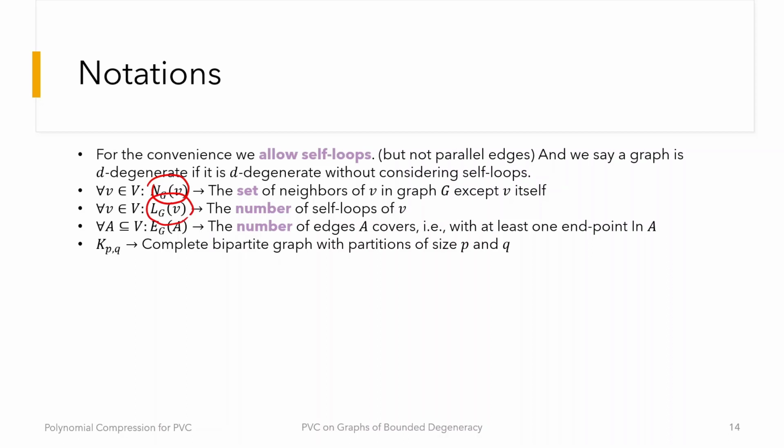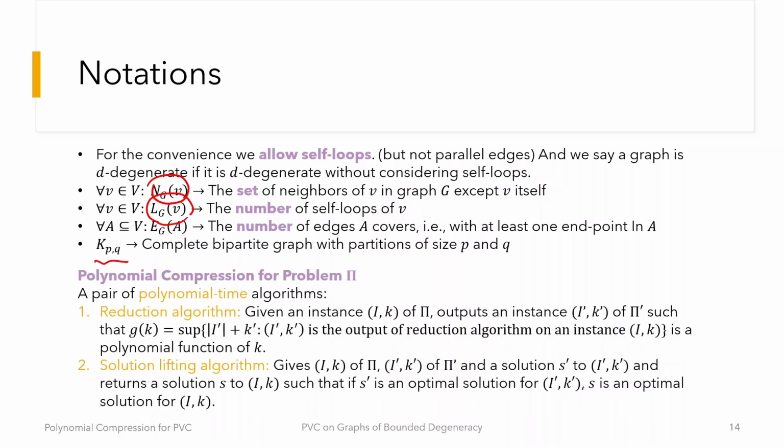And for any subset A of vertices, we show the number of edges that A covers with E_G(A), and we use this for showing a complete bipartite graph. And probably we know what a polynomial compression is, but I put the definition here anyway, so you can pause and read it.